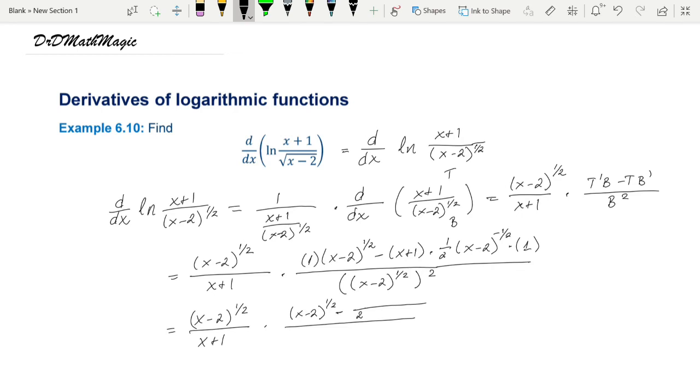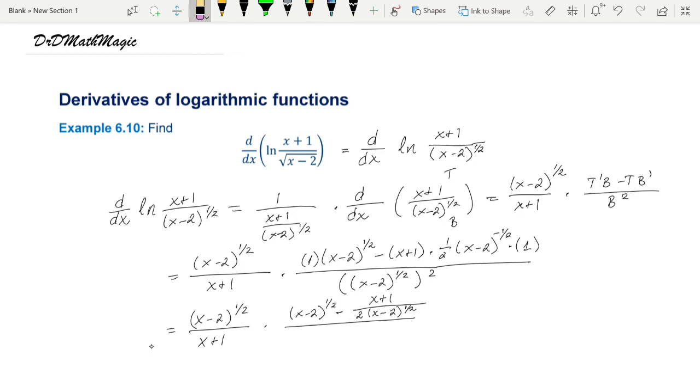I also have x minus 2 to the power of 1 half because of that negative in the exponent. So I'm going to push it down to the denominator. And up on top I have x plus 1 times 1 times 1, which is just x plus 1. And down at the bottom, what do I have? I have square of a square root.